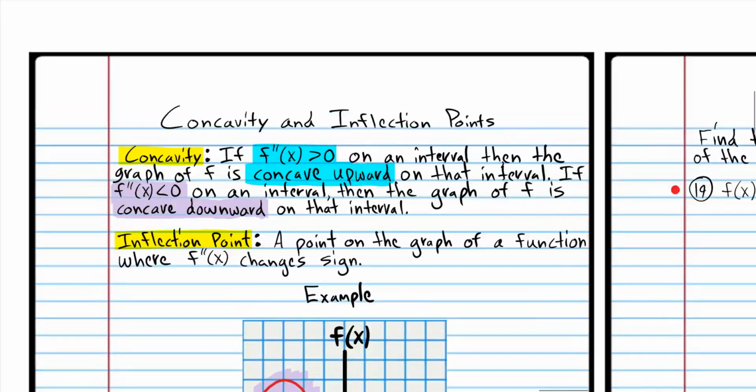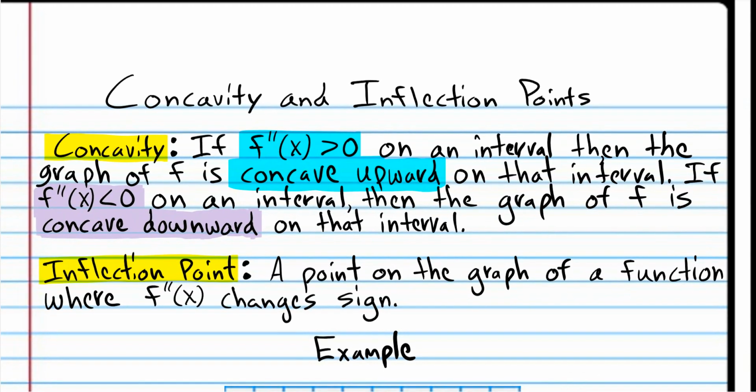So now we're going to learn concavity and inflection points. These are things that are related to the second derivative. If the second derivative is positive on some interval, then the graph of the corresponding function is what we describe as concave upward.